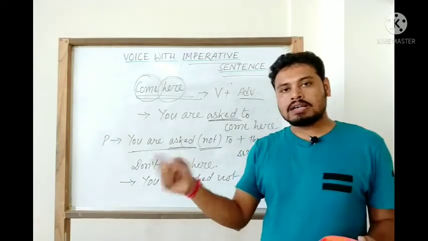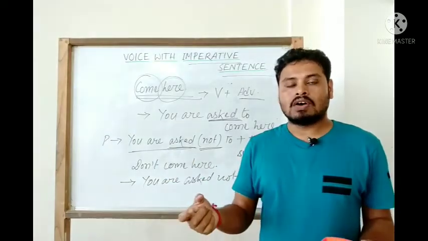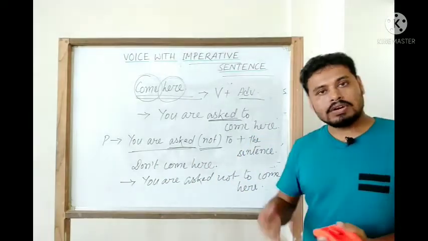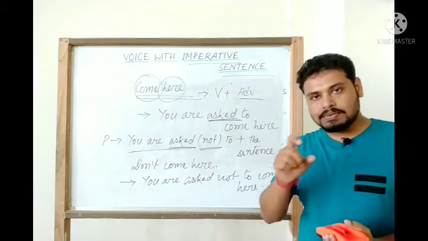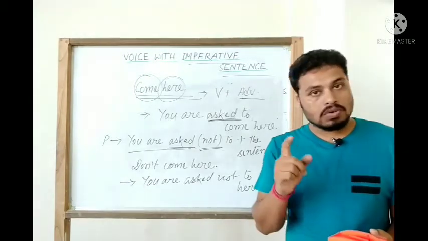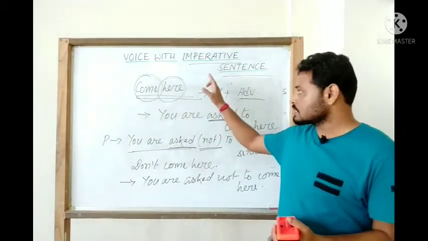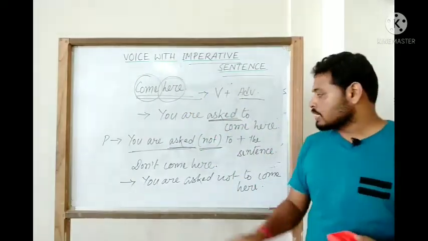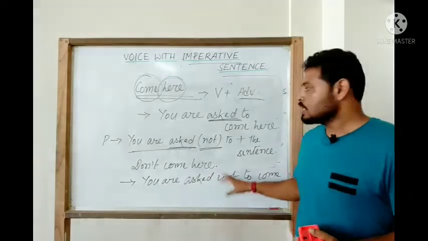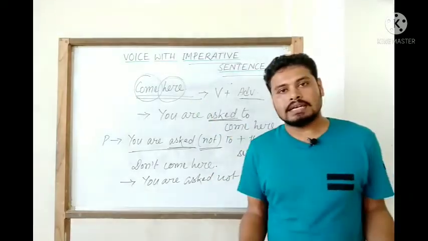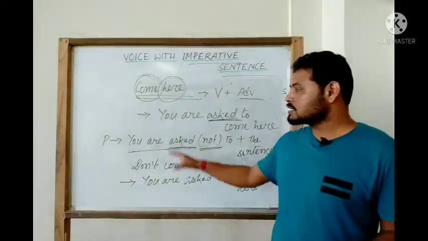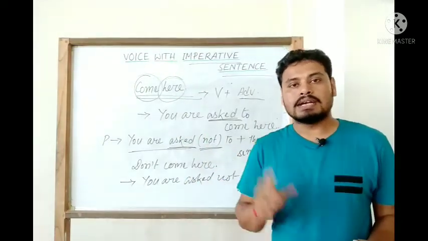You are asked or advised or ordered or requested, then we have to use either to or not to, depending on the sentence. If it is in affirmative, it is to. If it is in negative, it is not to. Then the original sentence that is given. So that's how we can change the second type of imperative sentence.